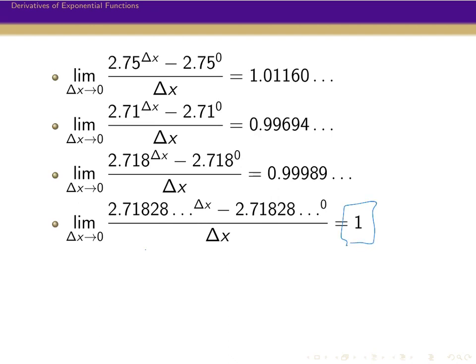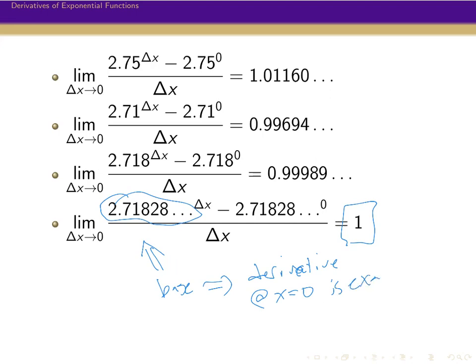And so what this means is that if I have an exponential function where this is my base, then that's giving me that the derivative at x equals 0 is exactly 1. Okay, and so that's the nice thing about this number. This limit right here, we're calculating the derivative at x equals 0, and by playing around with the base, we were able to find the number that makes this exactly 1.